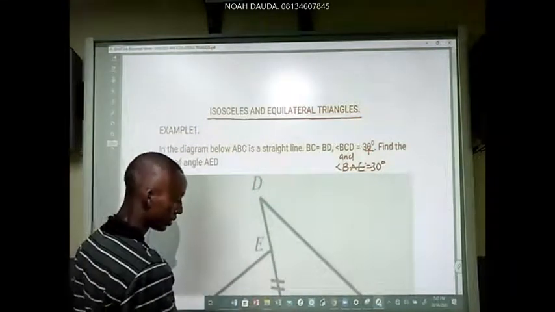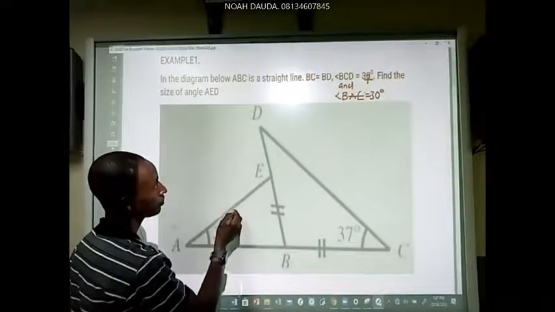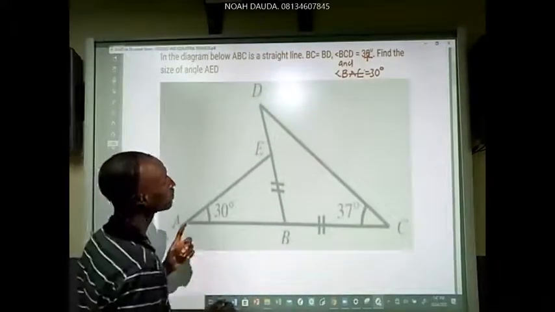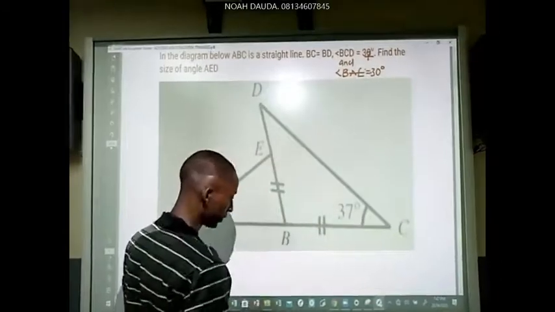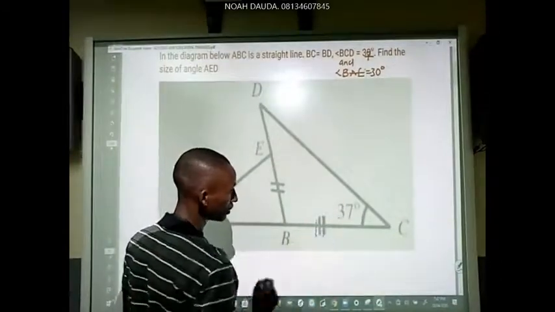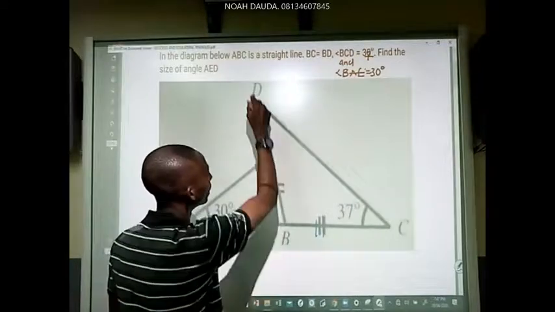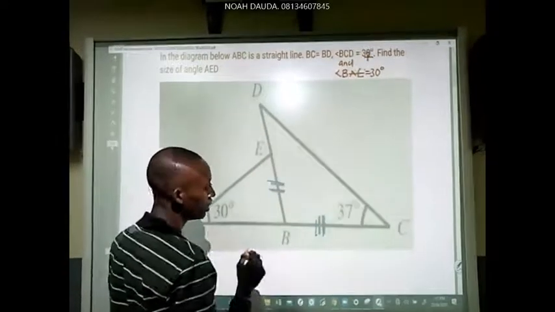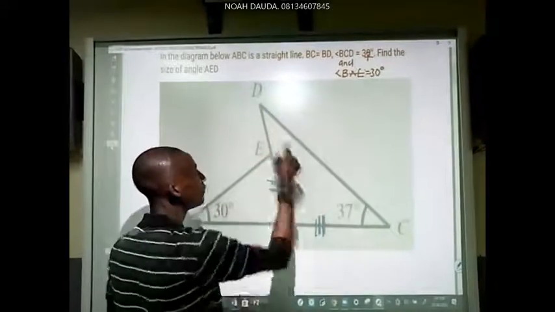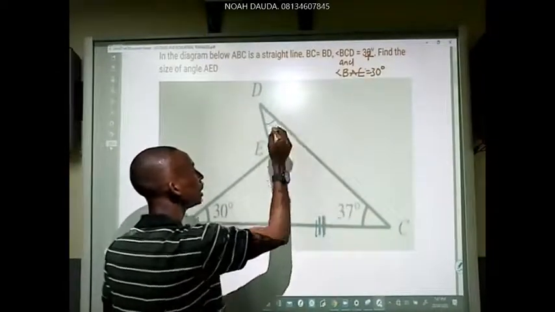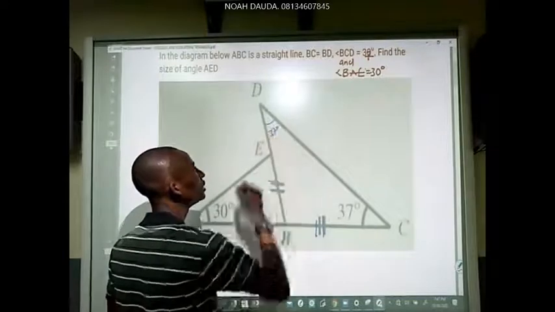Now, let's take a look at this diagram. Do not forget that the question says your line BC is equal to line BD. Now, this is your line BC, which is equal to your line BD. So invariably, it means that if these two sides are the same, their base angles must be the same. Here will be 37 degrees.